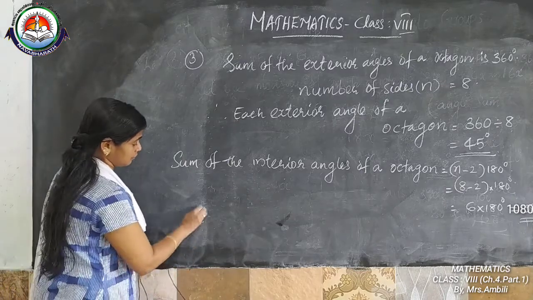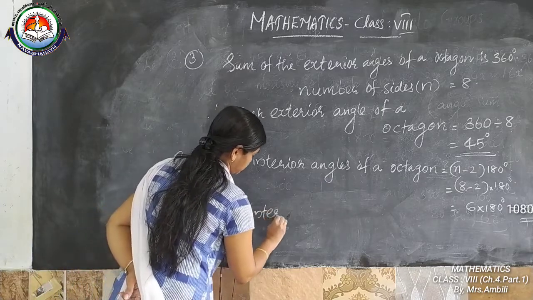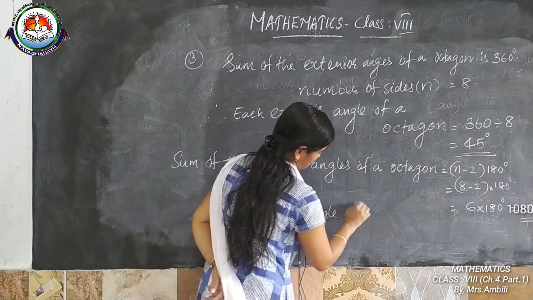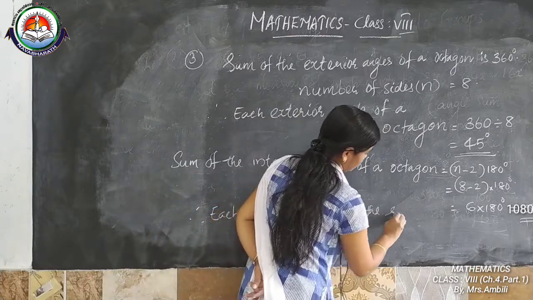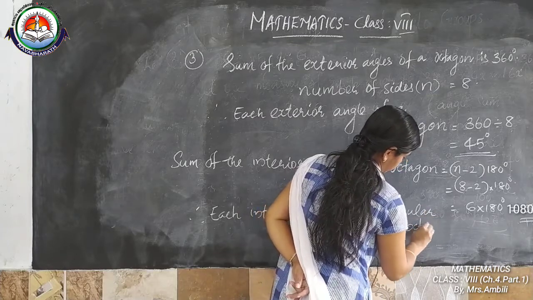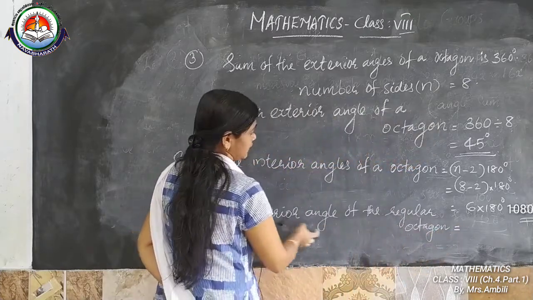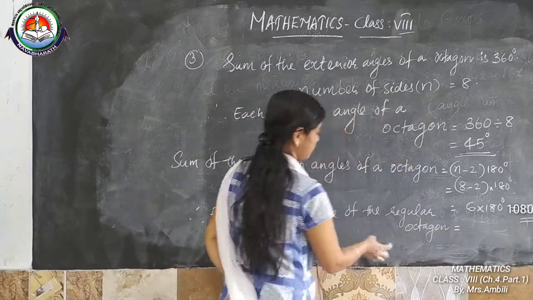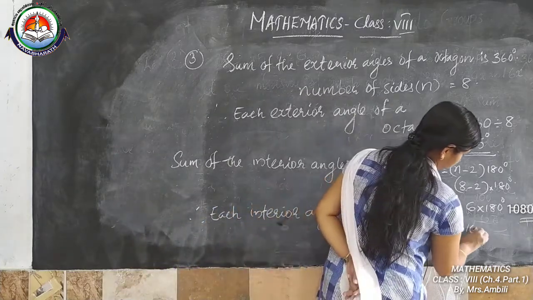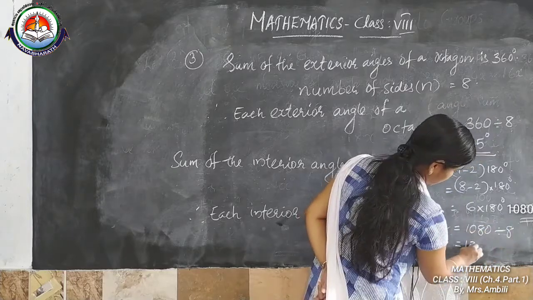So write, therefore each interior angle of the regular octagon equal to 1080 divided by 8. 8 is 135.